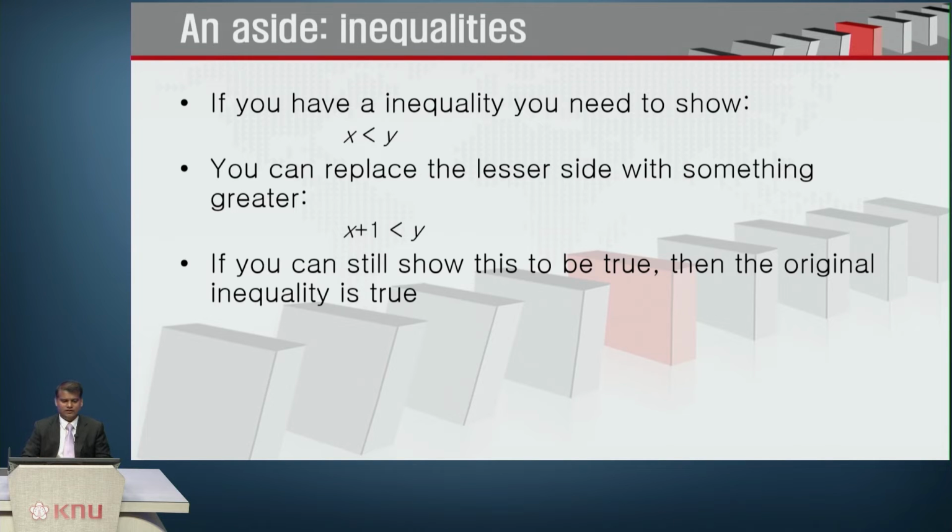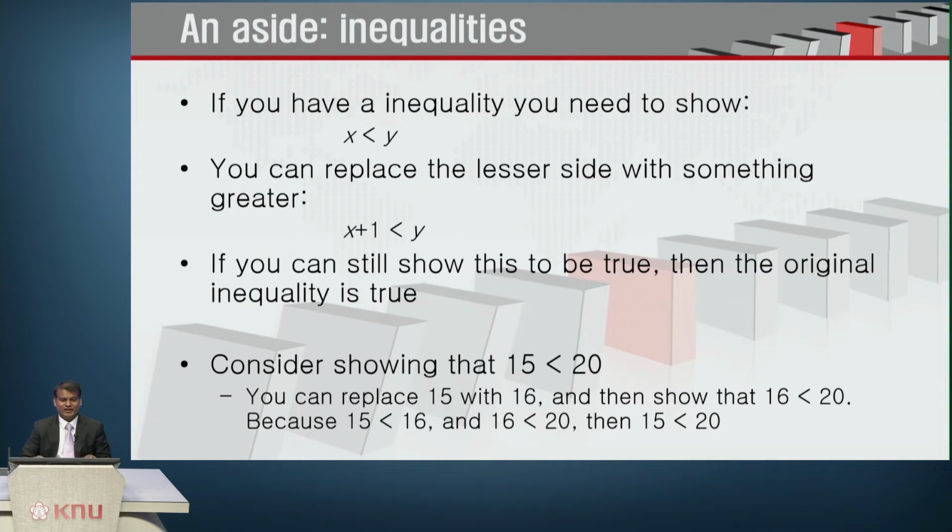So that's kind of an inequality-based argument. Let's consider showing that 15 is less than 20. You can replace 15 with 16 and then show that 16 is less than 20.